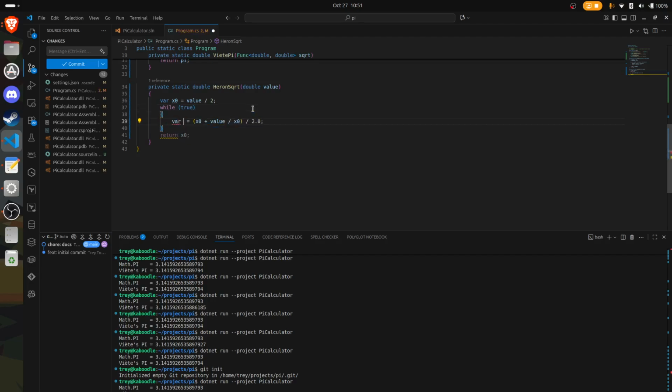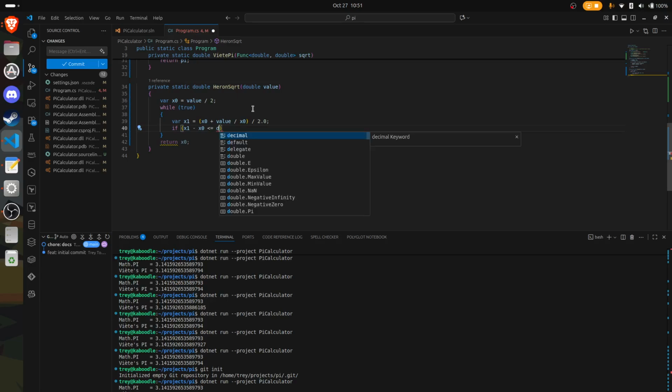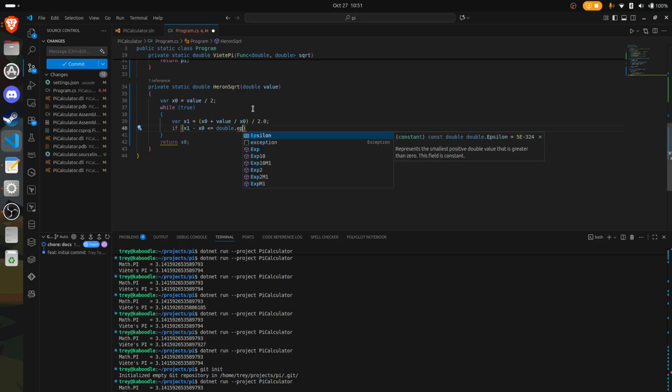Let's do it like this. We're going to subtract the new value from the old value. And we're going to use the epsilon, which is the smallest positive double value greater than 0.